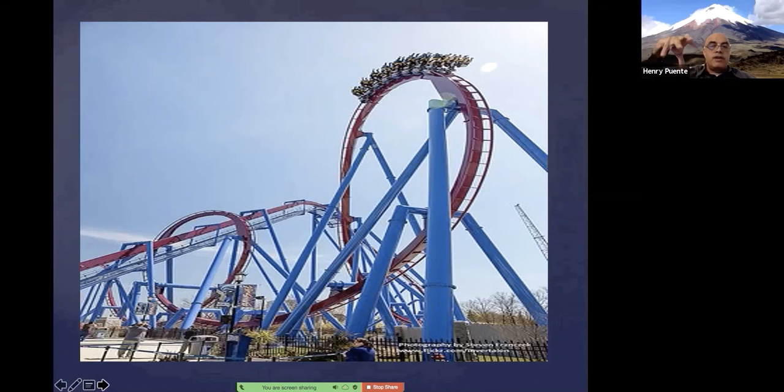You're not on top of the rail, you are below the rail. That's what the inversion means. The rail is on top and you're riding below the rail. So again, the Banshee is the world's longest inverted roller coaster.